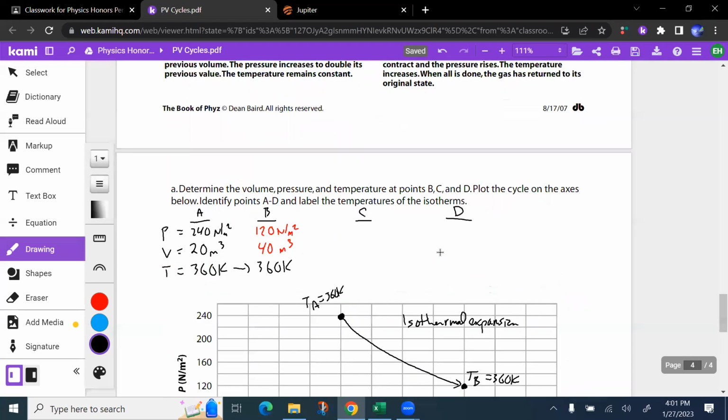Okay, let's figure this out. The volume is 2.5 times more than this. So we can say, what is 2.5 times the original value right here? So 2.5 times A.